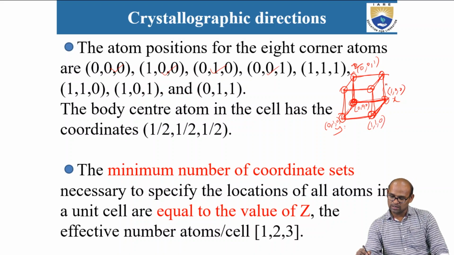And what about this? This is along the z-axis, so this is z, and this is actually 1 comma 1 comma 1, okay.